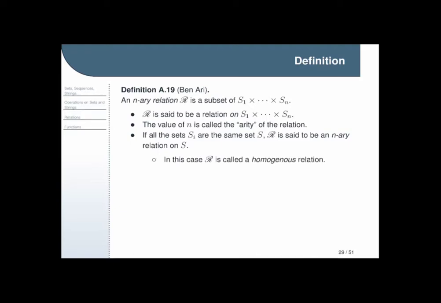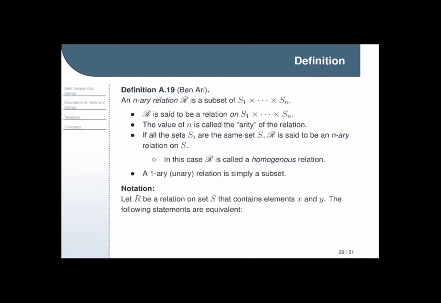It's kind of a corner case, but it's also possible to talk about a relation with arity n equal to 1, in which case we call it a unary relation, and in this case we're really just talking about a subset. Finally, just so you can see some common notation, if we have a relation R on the set S and it contains elements X and Y, the following three things are equivalent.